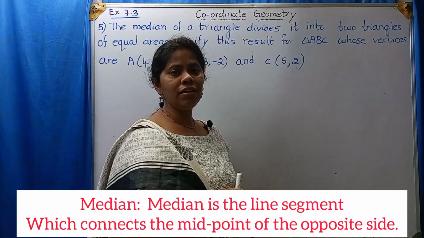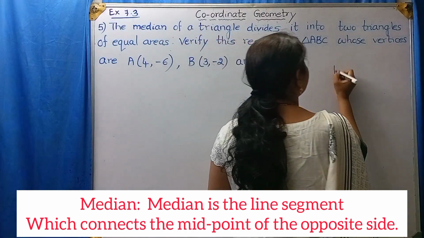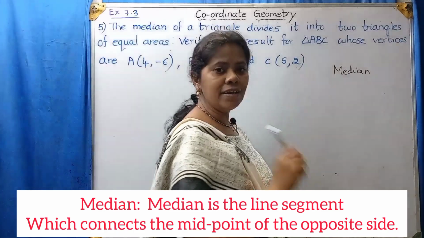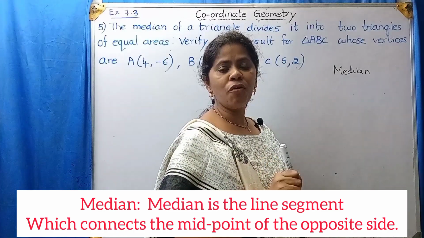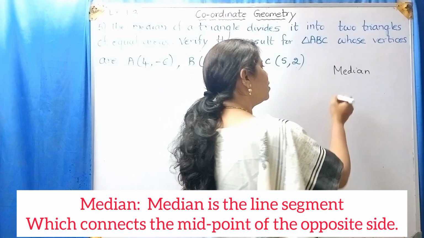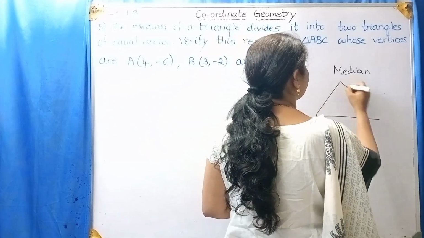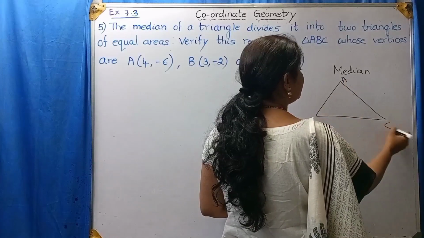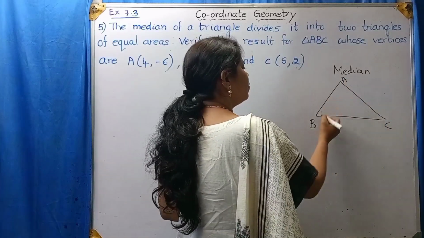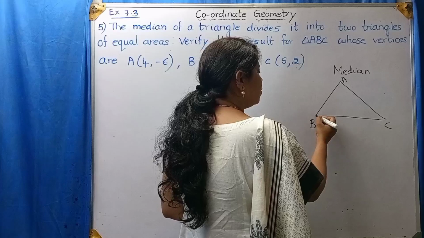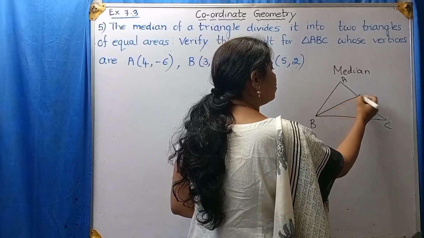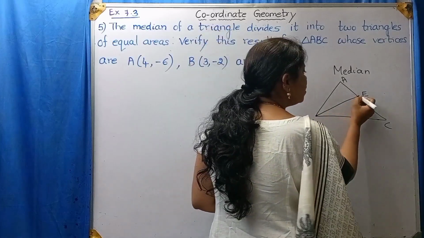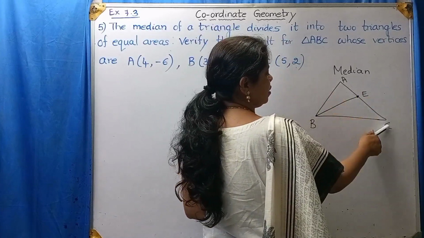What do you mean by median? Median means it is a line segment which connects the midpoint of the opposite side. Suppose it is a triangle, and if I draw a median BE, it means E is the midpoint of AC.